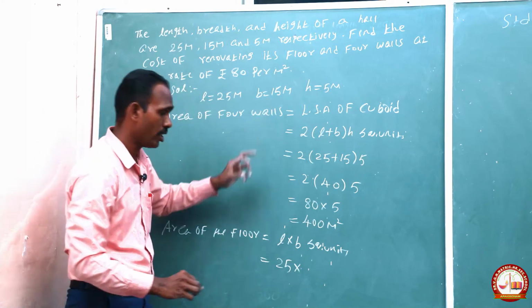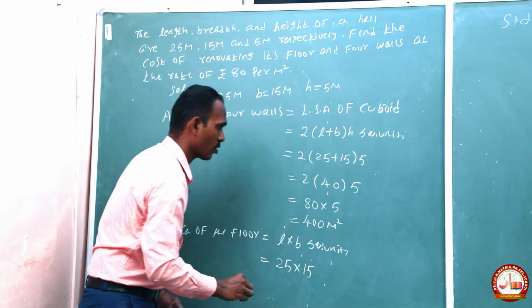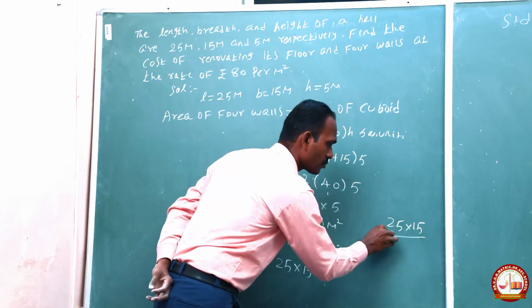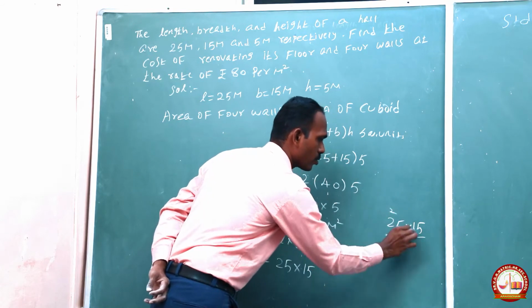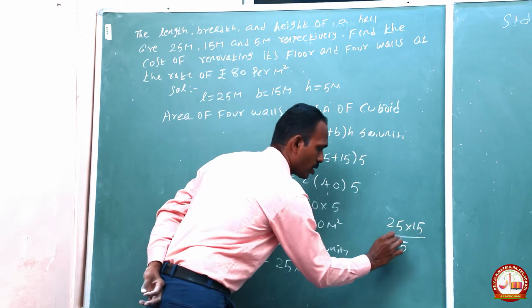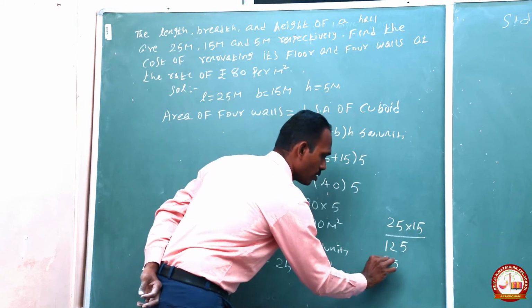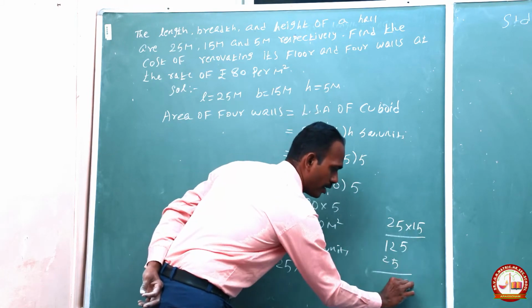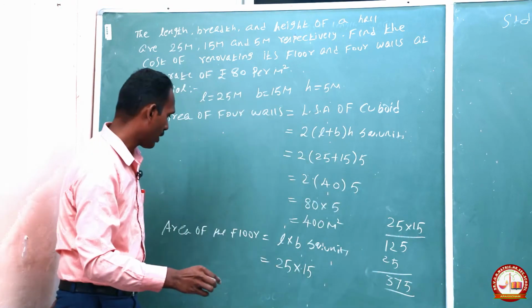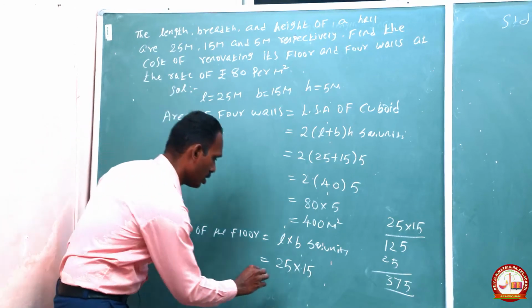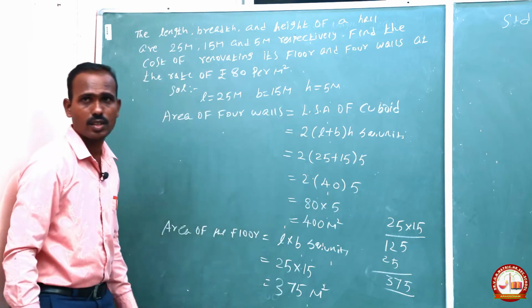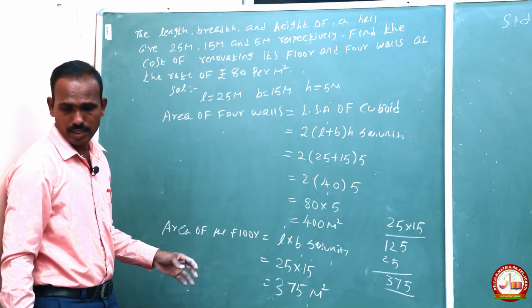The breadth is 15, so put the 15. You multiply here, so 25 into 15, 5 into 5, 25, balance 2, 5 2s are 10, 12, and then multiply this one, 5 1s are 5, 2 1s are 2, add 5 plus 2 7, here 3, so 375. So area of the floor equal to 375 meter square.